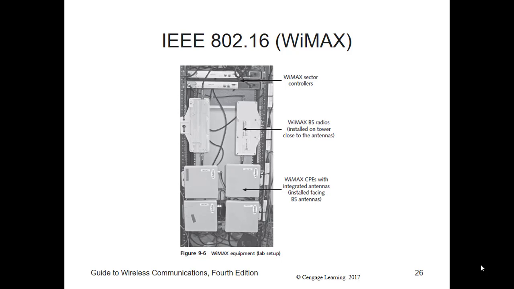But for safety reasons, the lab equipment is interconnected using cables and attenuators instead of antennas because of the high power RF signals. Now, a group of manufacturers established something called the WiMAX Forum back in 2001 to promote the implementation of 802.16 by testing and certifying equipment for compatibility and interoperability.